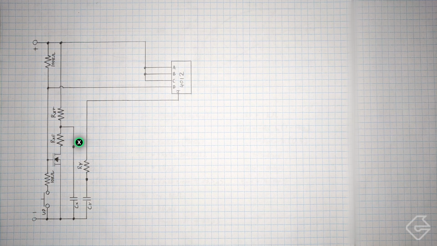Notice the discharge path of this X capacitor. The discharge path goes through Rxf, which is what we want, and it's also going through this MOSFET. Now this is important because if it's going through the MOSFET, we have a limit to how much current we can push through that MOSFET, and that's going to help us figure out what the fastest possible discharge rate can be.